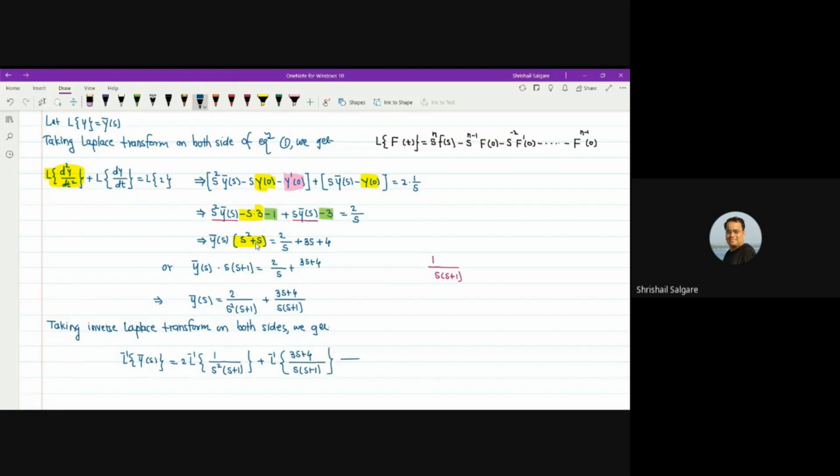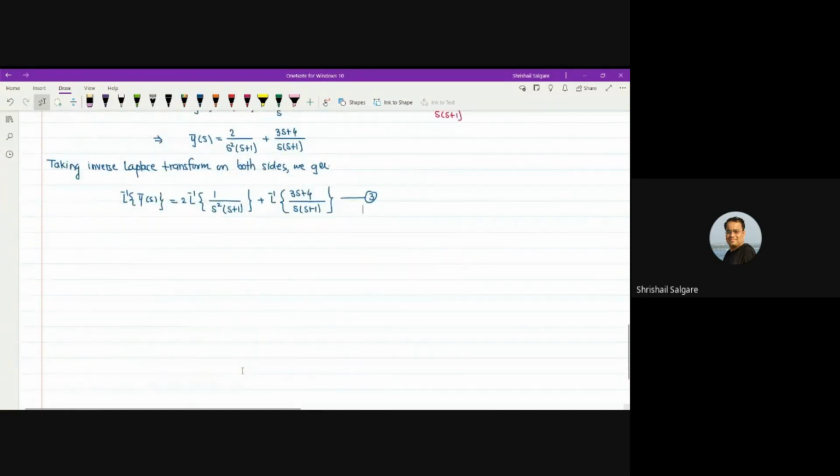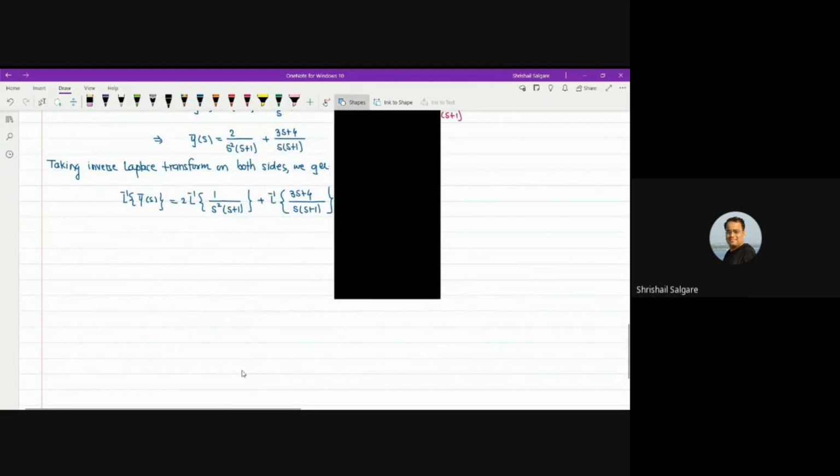Considering equations 1 and 2, I will call this equation 4. Up to this, any doubt? No, sir. Okay, fine. I will continue. Now, you have studied methods to find inverse Laplace transform. So, I will make two parts here.